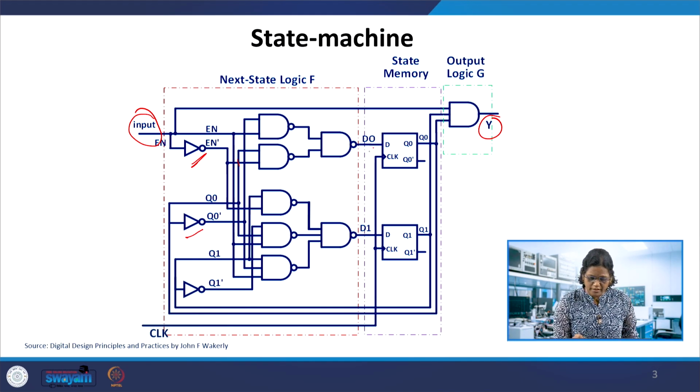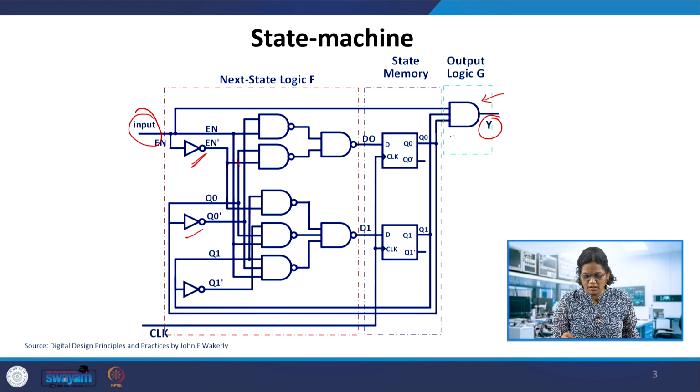The NAND gate outputs are getting into the two flip-flops. The outputs of the flip-flops go into the AND gate, and this is the output logic. Only the outputs of the state memory are getting into the AND logic.